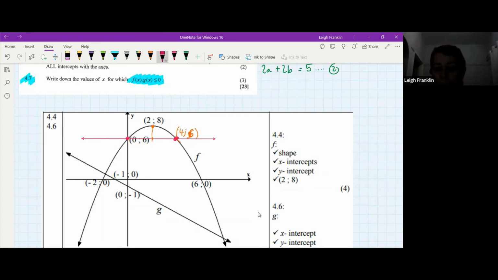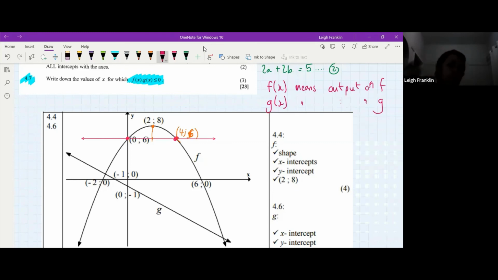Okay, so yeah, let's have a look. Not necessarily, no, Michael, not necessarily. f of x means output on f, right? g of x means output on g.